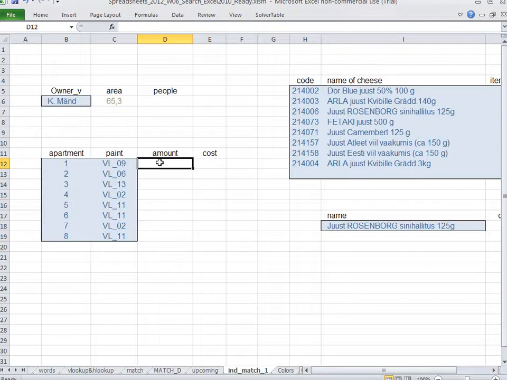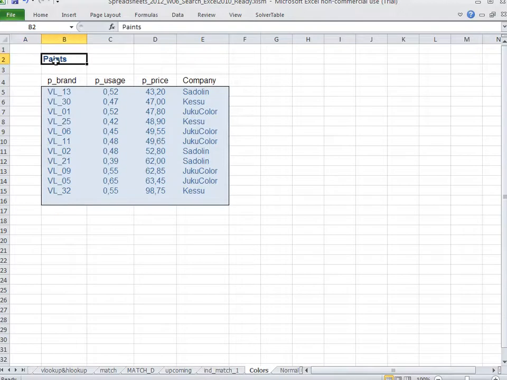which considers those same apartments, but now we're painting the floors of these apartments. We still are dealing with this apartments table, which we just looked at, but the next sheet actually contains the table on paints as well.